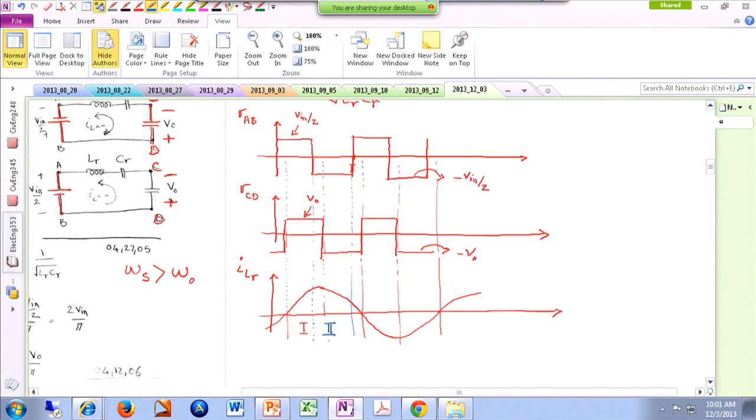All right. Then you go to the next mode, because as you can see, VAB is positive and ILR is positive, and that would be, wait a minute, VAB positive, ILR positive, that's mode number 1, I think. Yes, that's mode number 1.